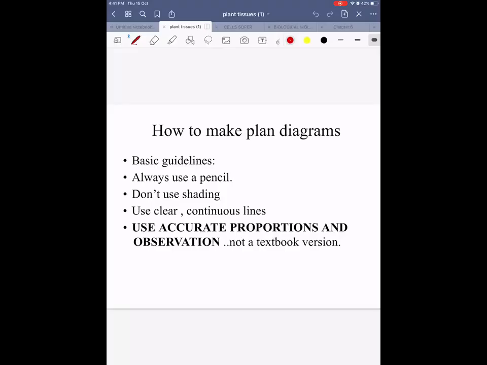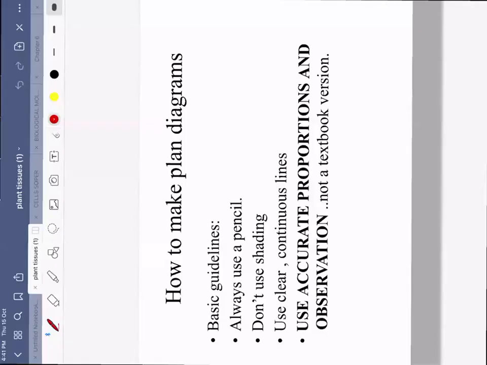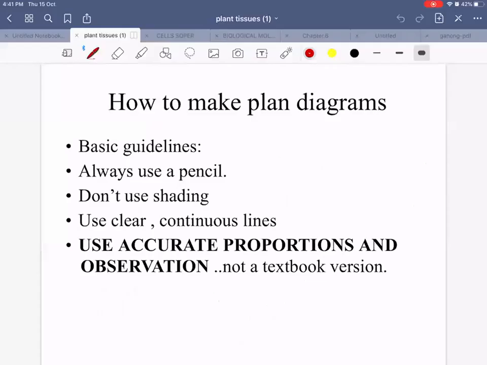Okay, so let's start with knowing what a plan diagram is. Now, in your question today, you've been asked to make a plan diagram as well as a high power diagram, right? So a plan diagram is the one which is always made in such a manner that the individual cells are never drawn.